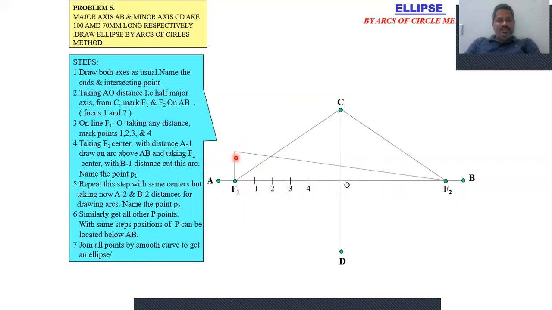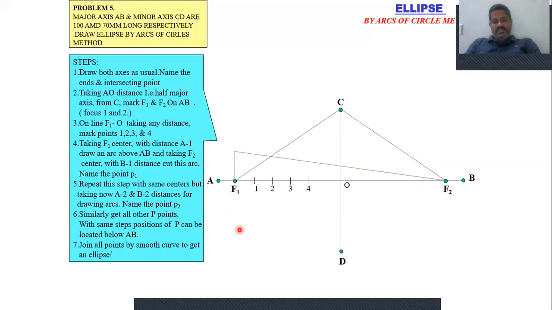We will get one point here. Similarly, on the bottom side also, draw the upper arc and the bottom arc and intersect the previous arcs here.